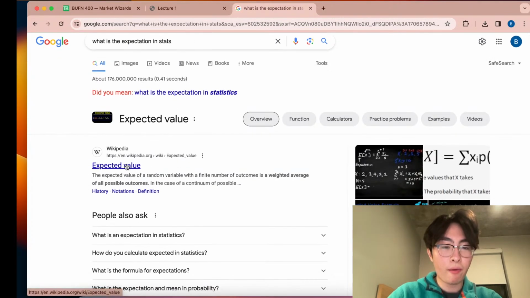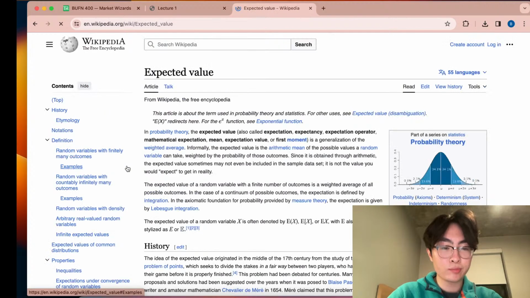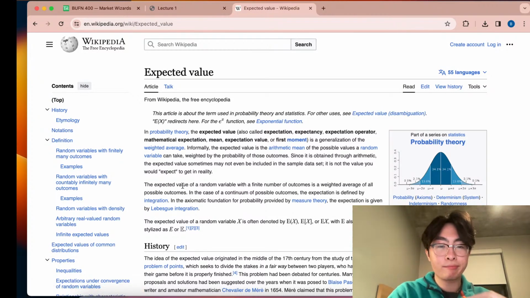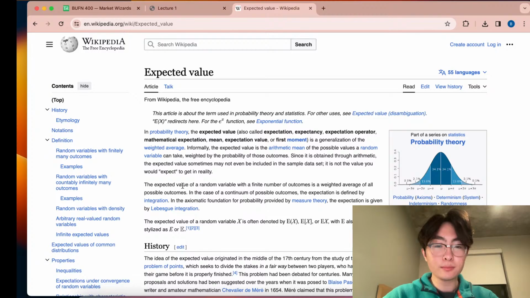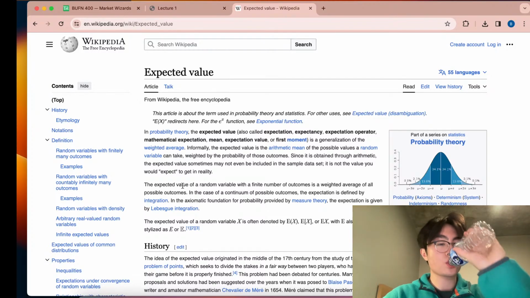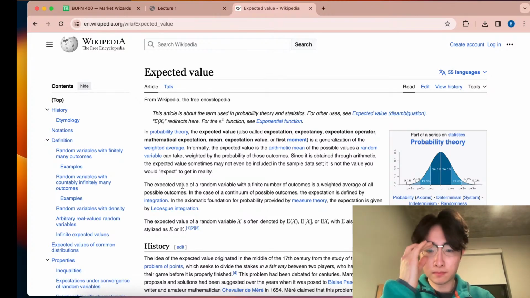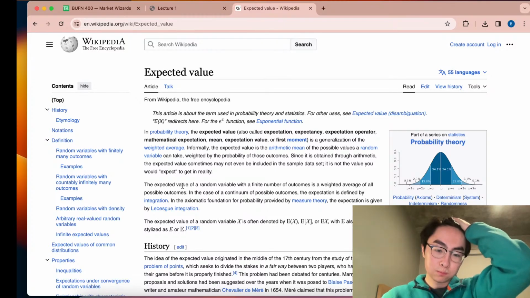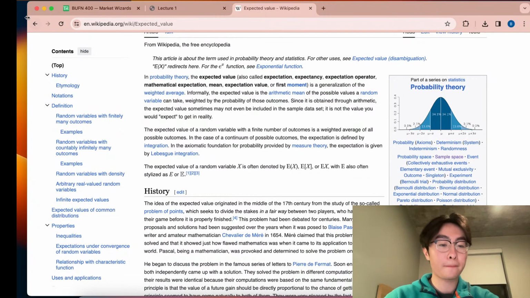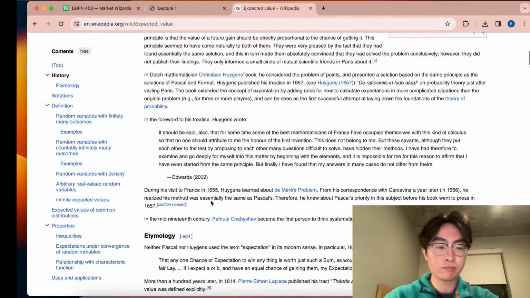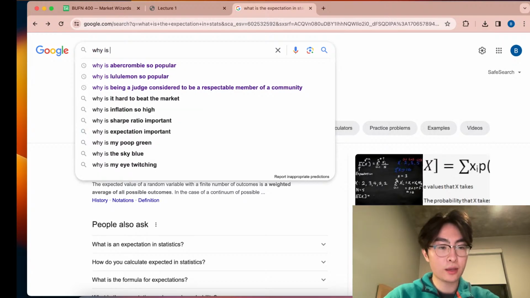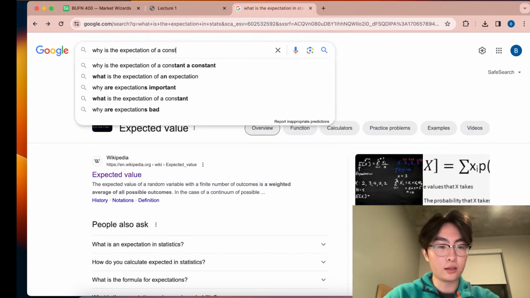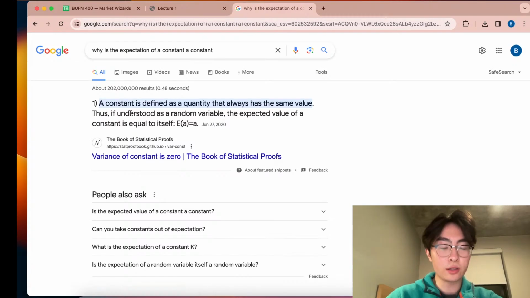How would you describe it? So why is the expectation of a constant, a quantity that always has the same value, equal to that constant? Thus, if I understand, okay.